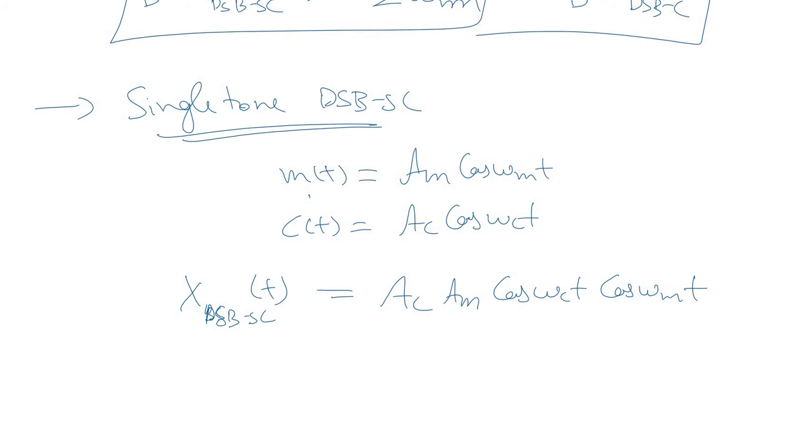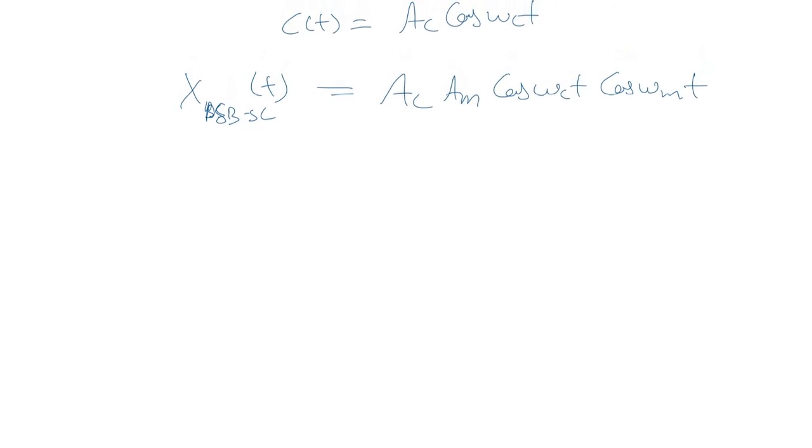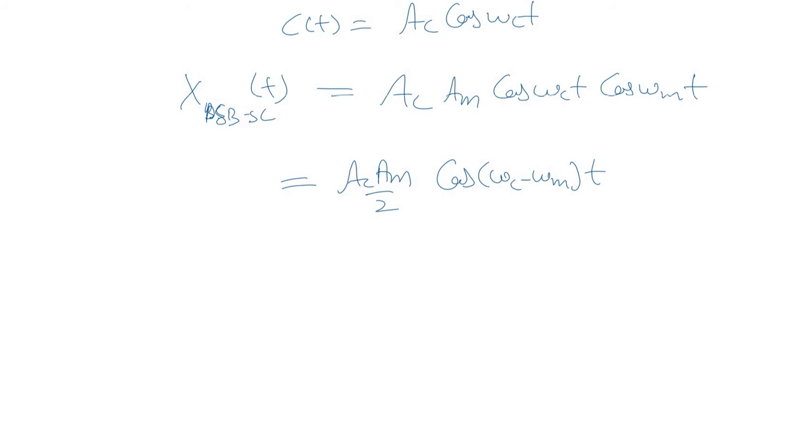Let us apply some trigonometric identity and expand this expression. We'll get Ac Am by 2 cos of (omega c minus omega m) t plus Ac Am by 2 cos of (omega c plus omega m) t.